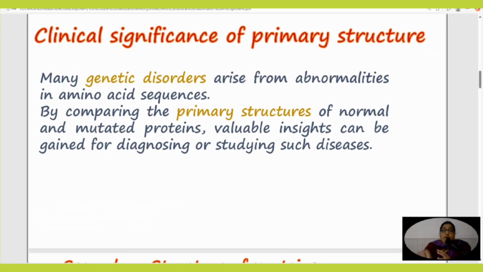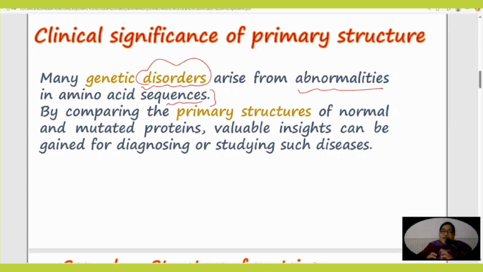So now why is this primary structure important? Let's have a look. There are many genetic disorders, which I was talking about just now, due to the misfolding of the proteins. These genetic disorders actually arise from abnormalities in the amino acid sequences.